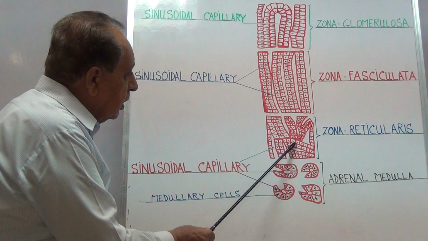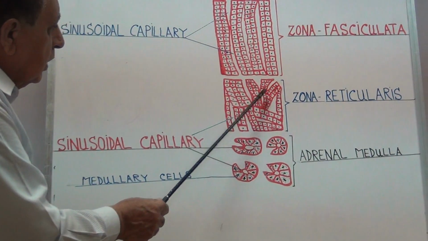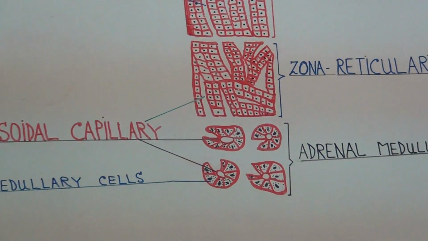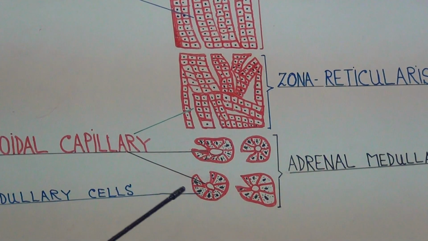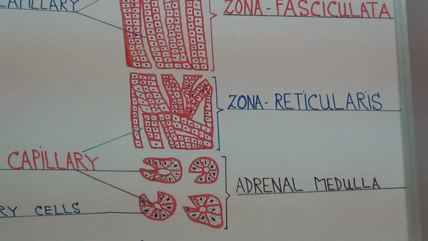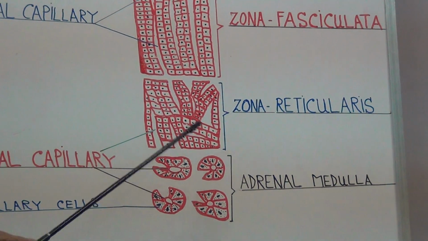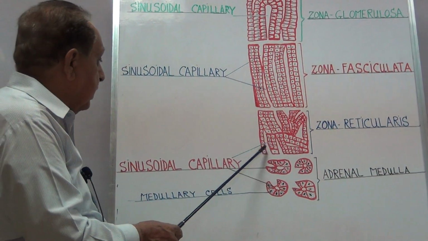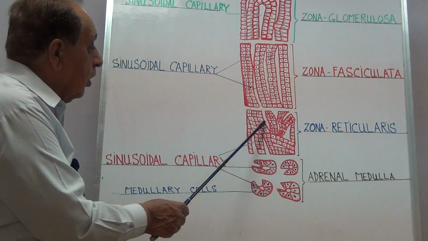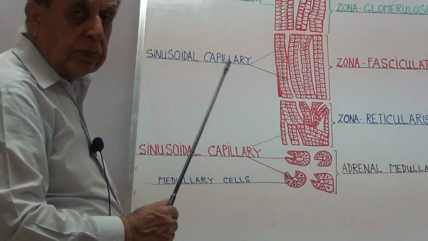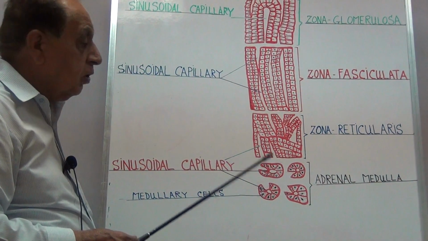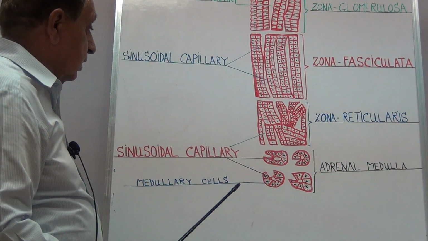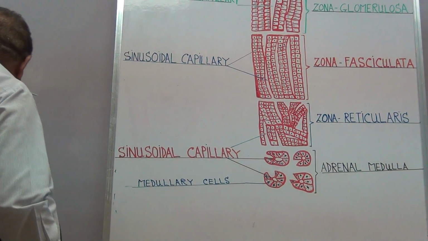This one is a cord, this one is a cord, and these cords anastomose with each other. So the zona reticularis contains anastomosing cords, with sinusoidal capillaries in between these cords.